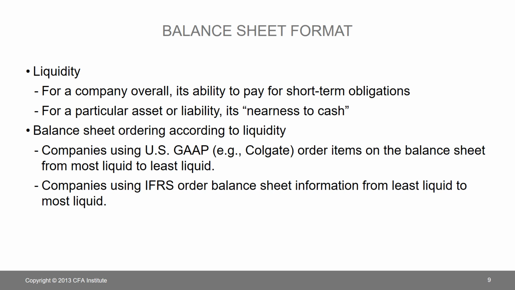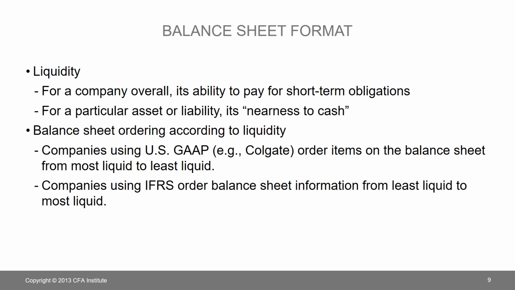So a liquid asset is one that can be easily converted into cash in a short period of time at a price close to fair market value. For example, a small holding of an actively traded stock is much more liquid than an asset like a commercial real estate property in a weak property market. The reason being is that the actively traded stock is much more easily sold and converted into cash at any point in time.